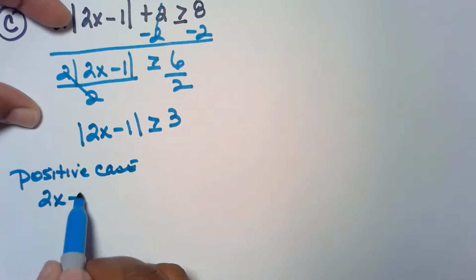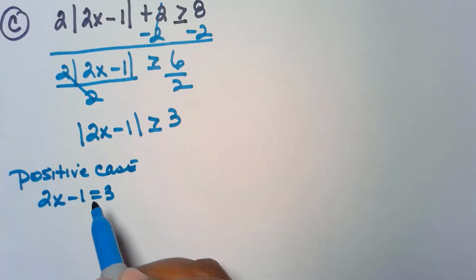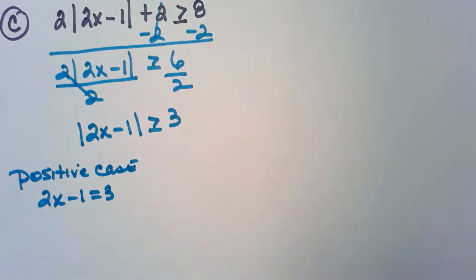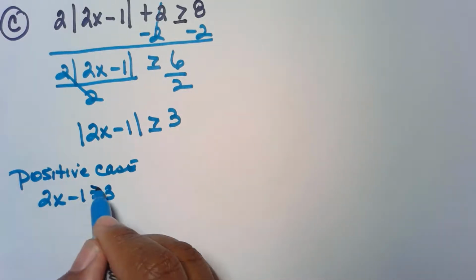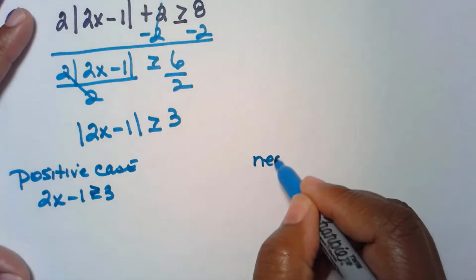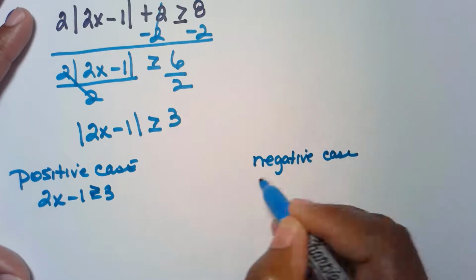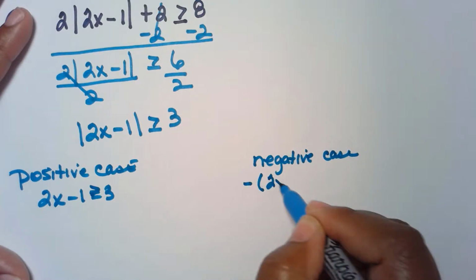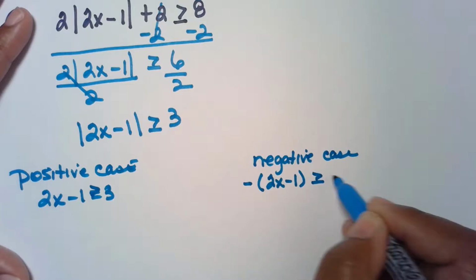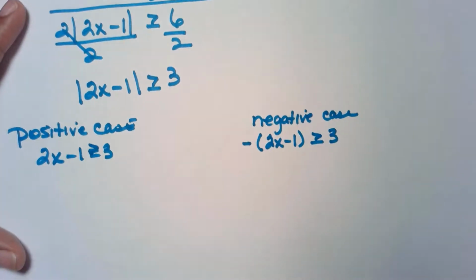So we have 2x minus 1 is greater than or equal to 3. And then our negative case, negative times 2x minus 1 is greater than or equal to 3. And let's solve each inequality.